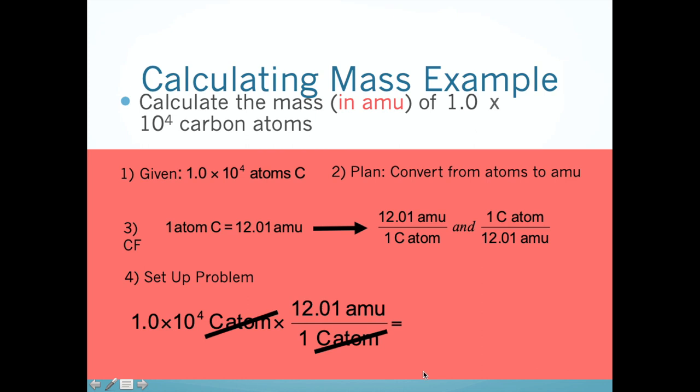Okay, so we take our 10,000 times 12.01 atomic mass units, and we get 1.2 times 10 to the power of 5 atomic mass units. So that's basically how you would apply that. Use those conversion factors to go between mass and number of particles, in this case atoms.